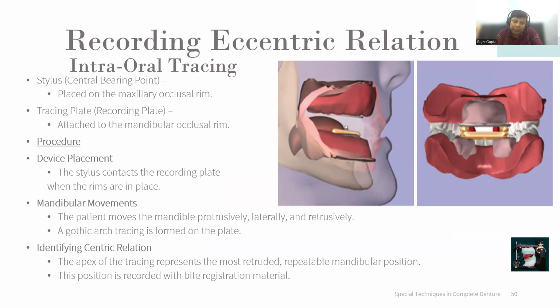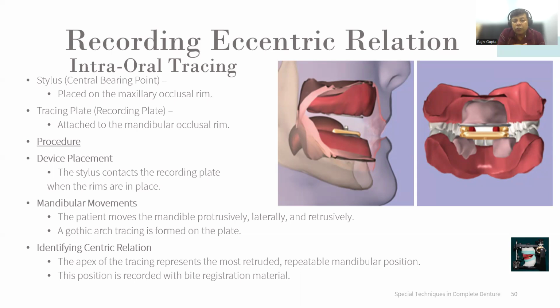There are a few advantages as well as disadvantages of each tracer. Coming to the intraoral tracers, the stylus is placed on the maxillary rim and the plate is on the mandibular rim. Once we have established the right vertical dimension and attached the tracers, we allow the patient to do all the centric as well as eccentric movements, and all these movements are recorded with the help of the tracers.